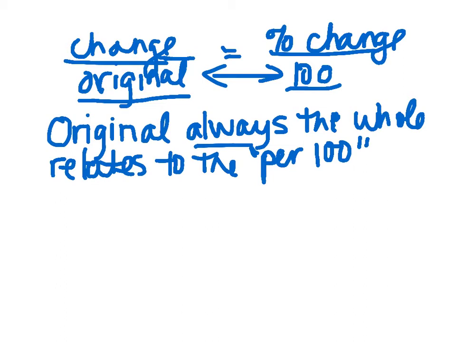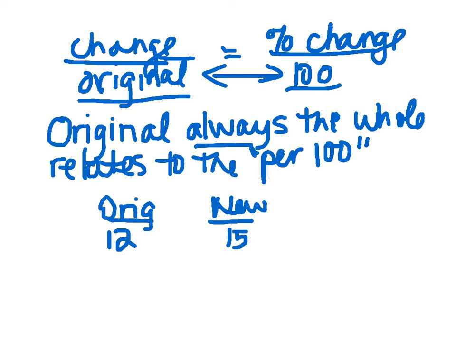So the simplest problems would be ones where something is the original price. If the original price is $12 and somebody marks it up and the new is $15, what is the percent change?